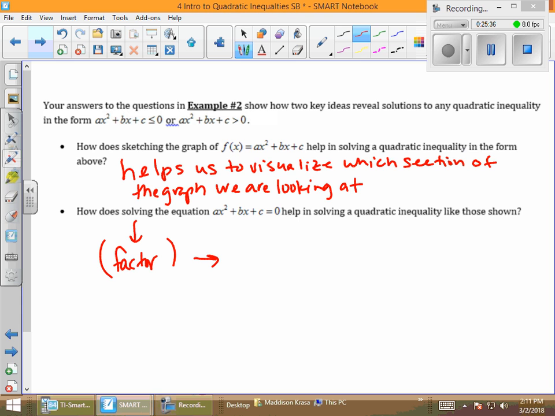The x-intercepts. So if we're looking at a graph and it crosses, we need to know these points in order to write our inequalities. Those x-intercepts are part of our inequality. Okay, questions for me? Good deal.